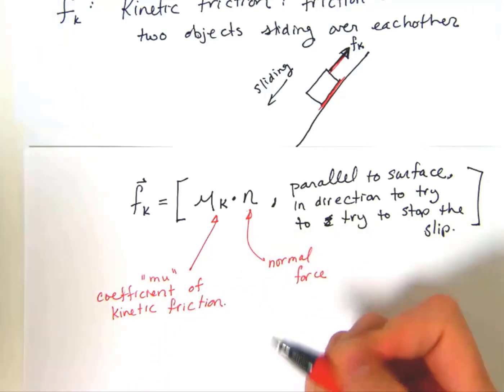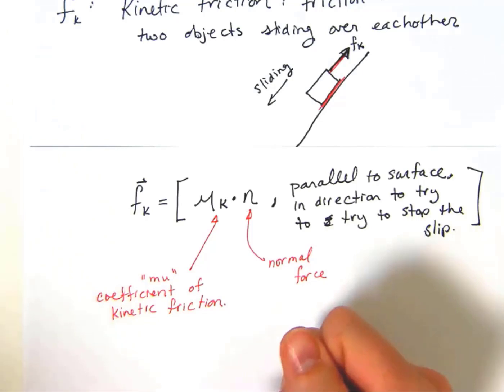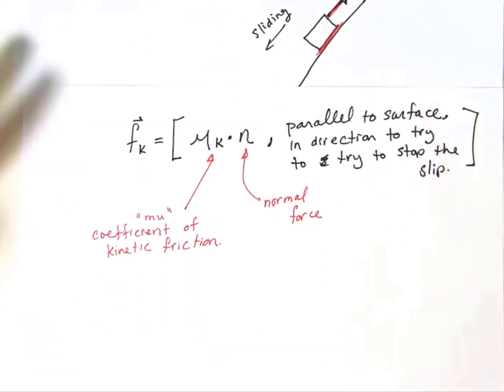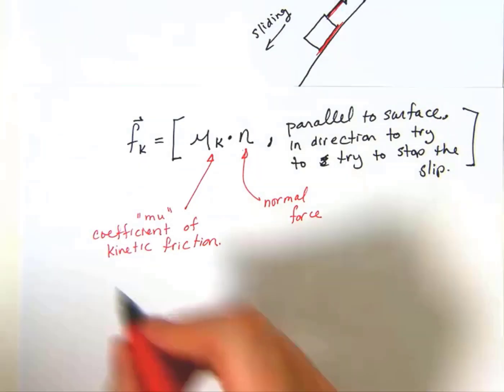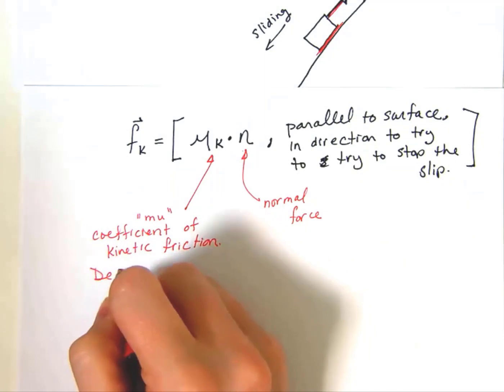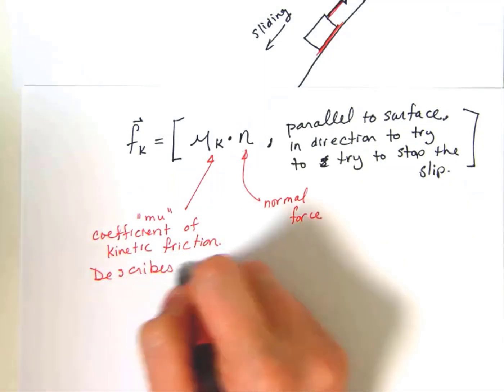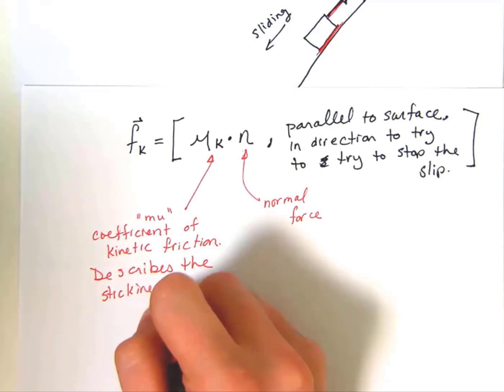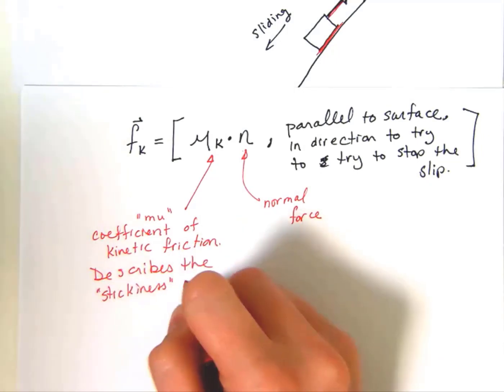And just like the static friction, all it does is kind of specify which materials are involved. Is it an ice block sliding over an icy ramp? Is it a wood block on a wood ramp? It describes the stickiness of the materials.